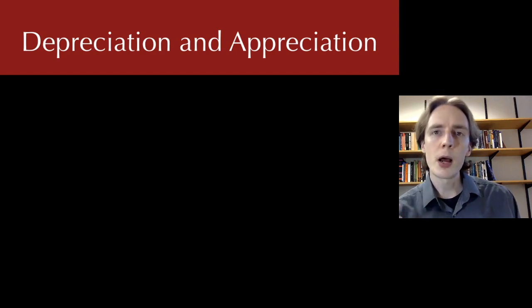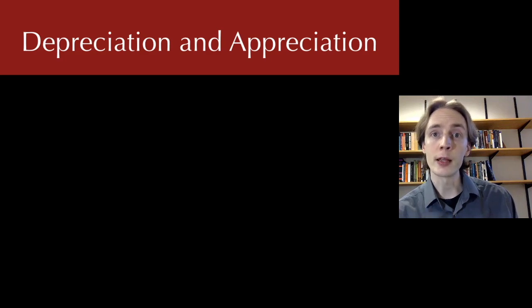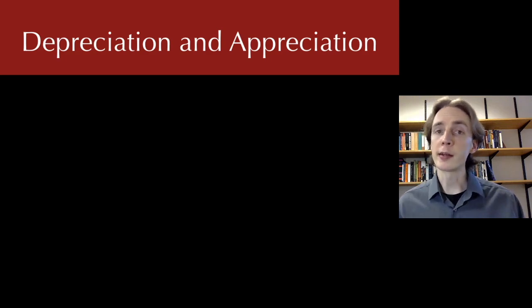So now let's talk about changes over time. We've distinguished between levels and rates of change in the past, especially with the price level. The price level is some number, and the rate of change of the price level is inflation. We're going to have exactly the same distinction with the exchange rate. The spot exchange rate is what we talk about at a single moment in time.